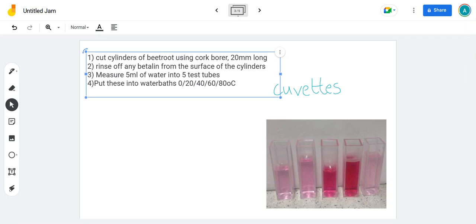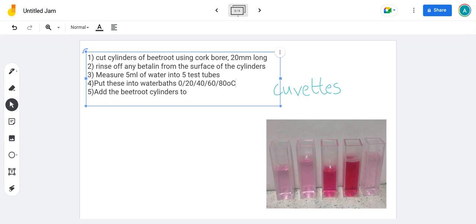Now they need to be left for the same amount of time. And this is where it's really, really tricky because it's hard to put your samples in the water at exactly the same time, but we're going to try our best. So add the beetroot cylinders.